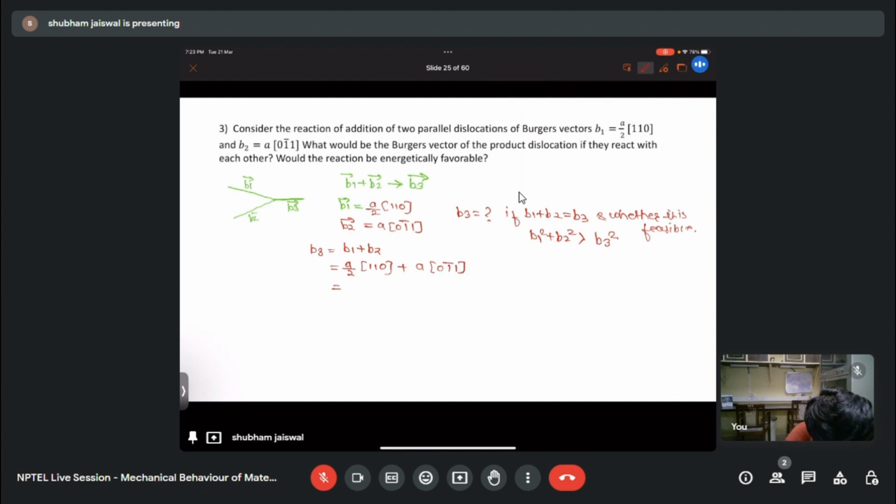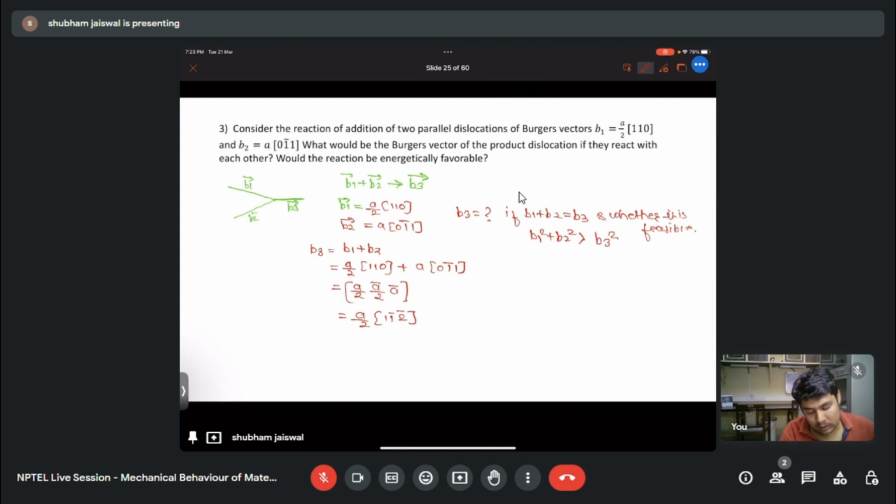This comes out to be a by 2 [1 1bar 2bar] taking a by 2 common.